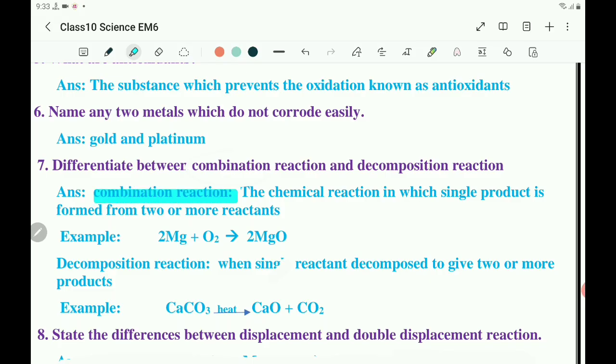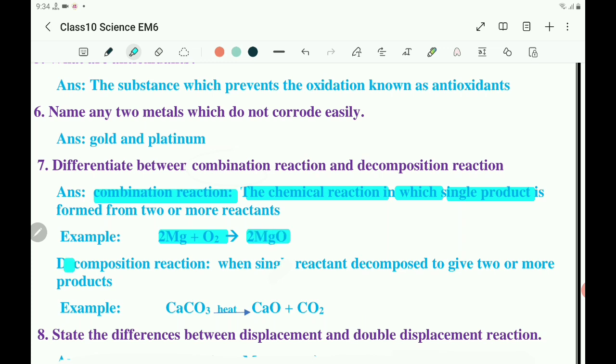Combination reaction is a chemical reaction in which a single product is formed from two or more reactants. For example, the single product MgO is formed by the two reactants magnesium and oxygen.